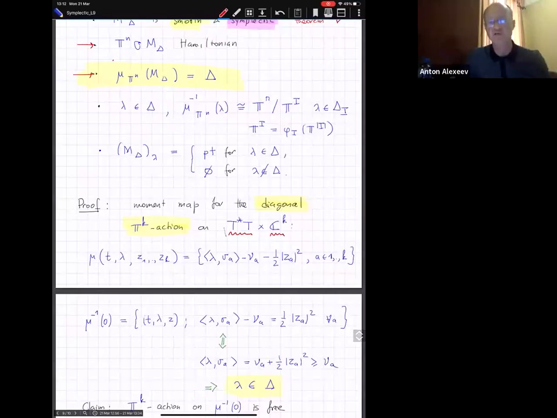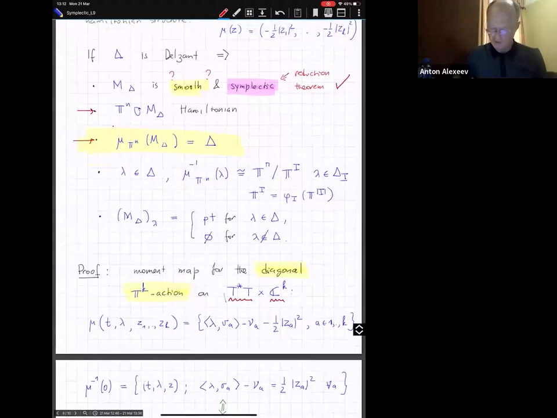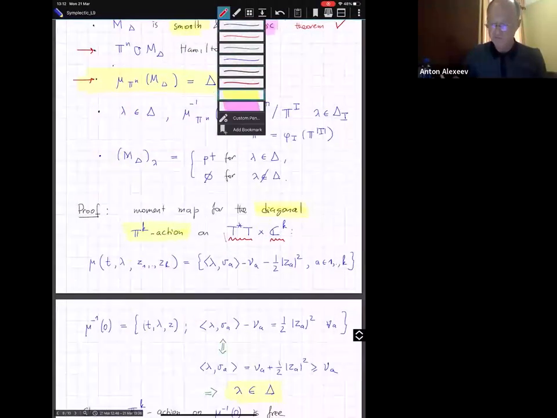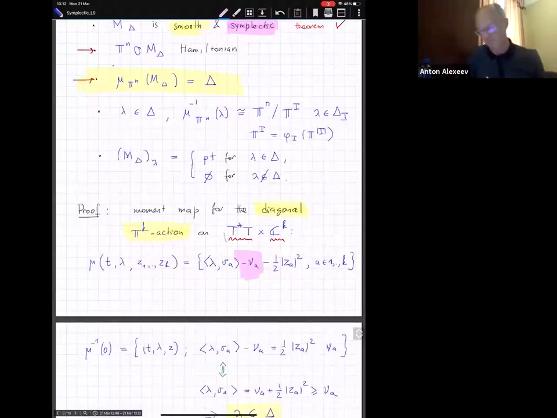Instead I could have chosen the moment map to contain those nu A's, as I did here, but instead I could have said, let's take just the moment map which is linear in lambdas, doesn't shift by any nu A's, but do the reduction at the level equal to nu A for each A. That's of course just the same. So I chose to shift the moment map, but I could have shifted the level. You're right. Yes, maybe.